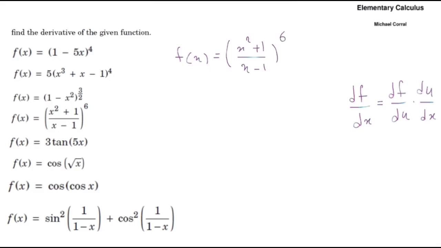So u equals (x squared plus 1) over (x minus 1), and f(u) equals u to the 6th power.